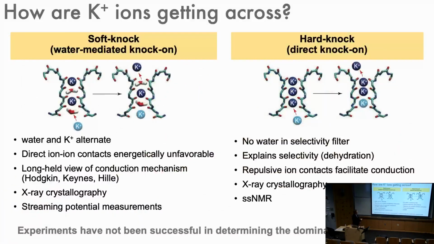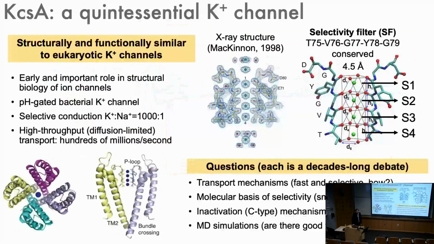I think here I mentioned streaming, but this is a different kind of measurement. This is not X-ray. Oh, I see. So this is what you see in X-ray. This is from the structure, and it shows basically a crystal, right? It's averaged over many channels, and it basically tells you that ions can be at any of these sites. But you're right. This is a low temperature crystal, and it has very little to do with a real biological system.